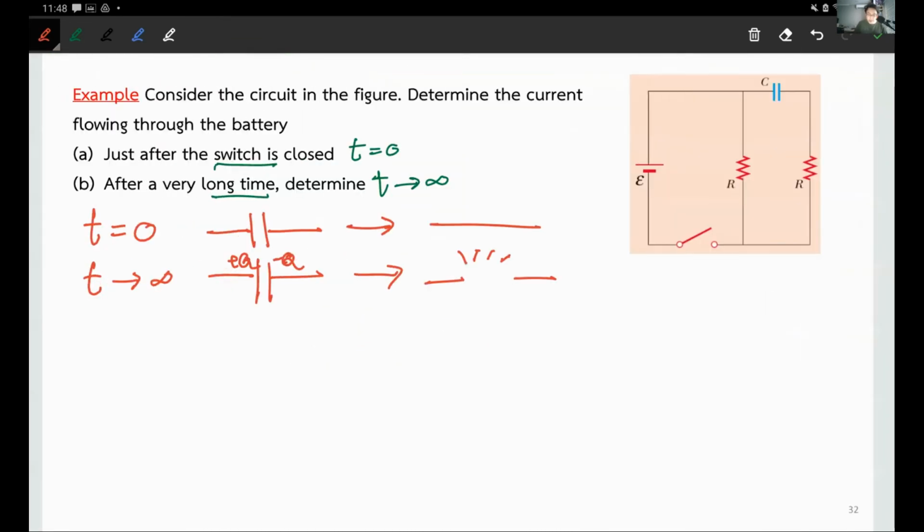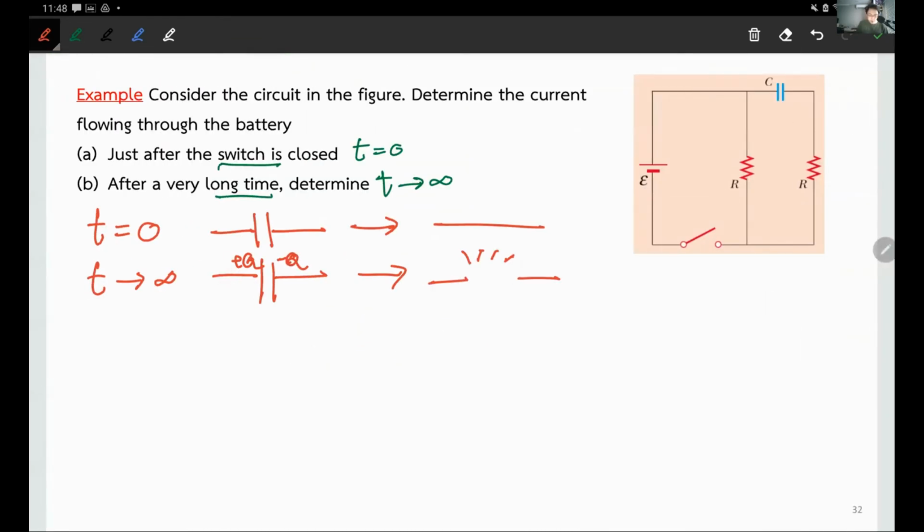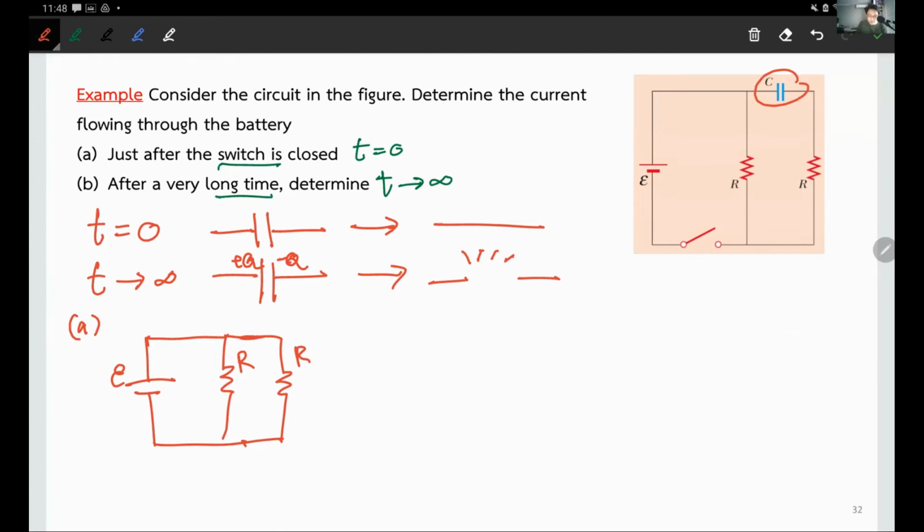So for part A, your circuit will look like this. Isn't that nice? Because your C behaves like an electrical wire, now you can determine the current flow very easily.